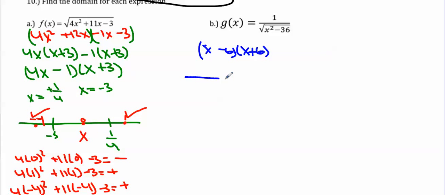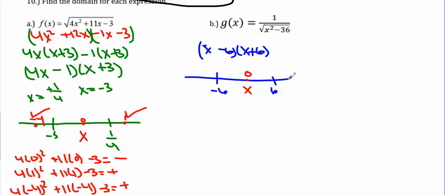Now I'm going to test points. So set this equal to 0. I have a negative 6 and I have positive 6. When I test a point, 0, 0 squared minus 36, that's negative 36, that does not work.